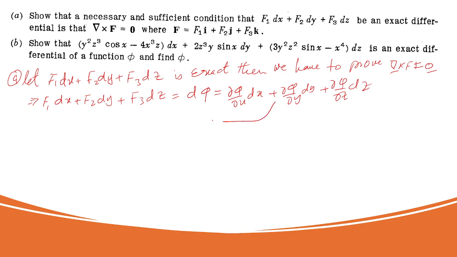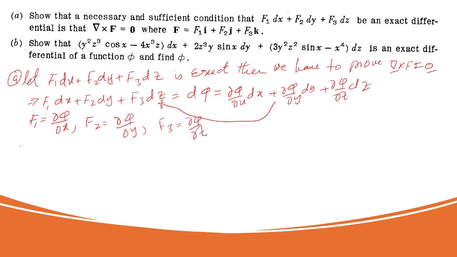Now comparing these two, the dx coefficient is f1, and on that side it is partial phi partial x. The dy coefficient is f2, that is partial phi partial y, and the dz coefficient is f3, that is partial phi partial z.